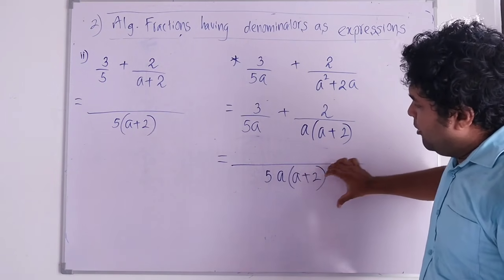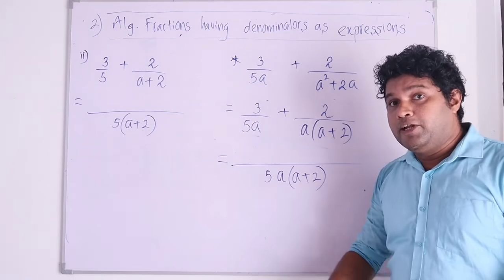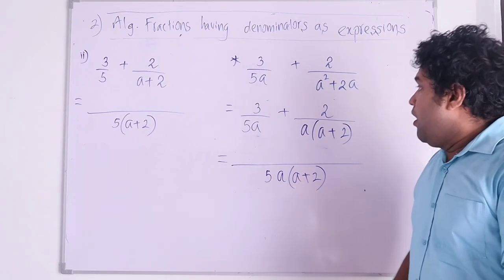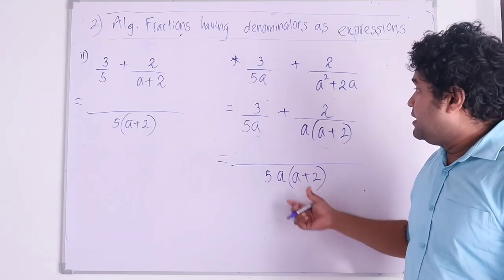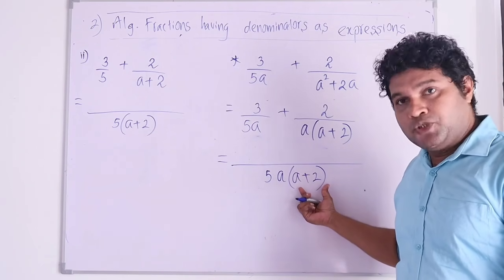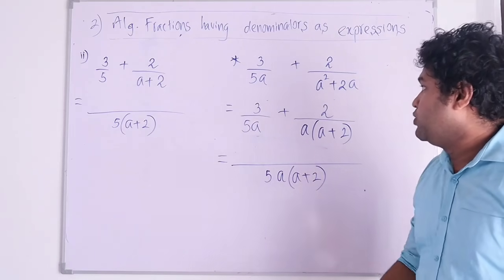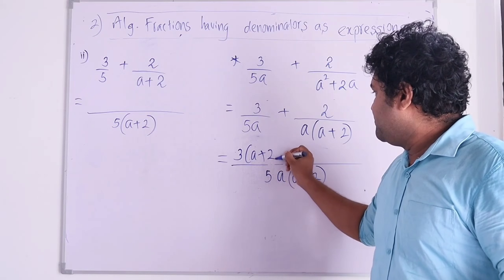Now, according to this denominator, you have to compare the denominators you had and what you have now. The 5a became 5a times a plus 2. The denominator you had has been multiplied by a plus 2, therefore the numerator is also multiplied by a plus 2. That's why we are indicating a plus 2.